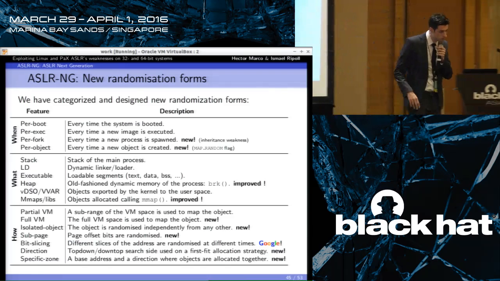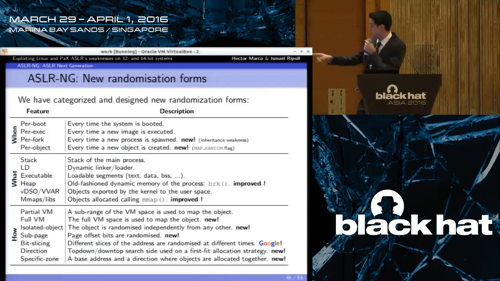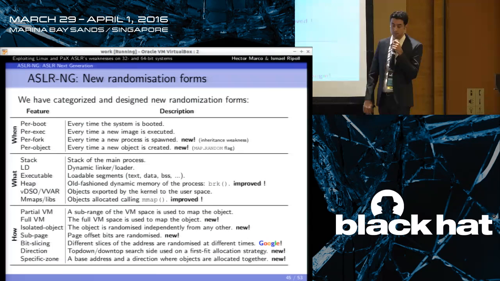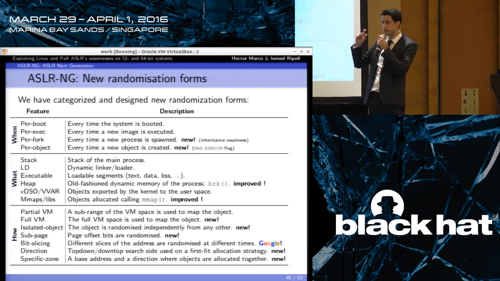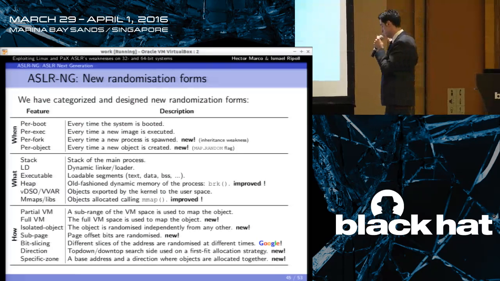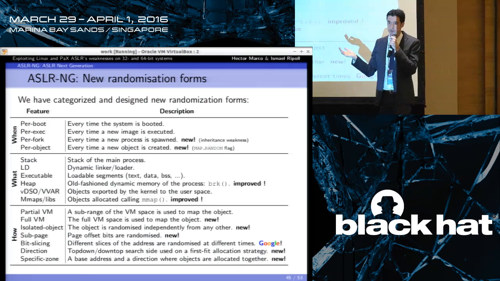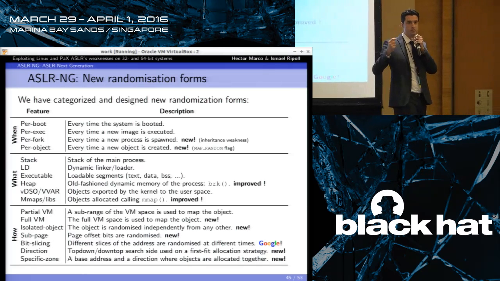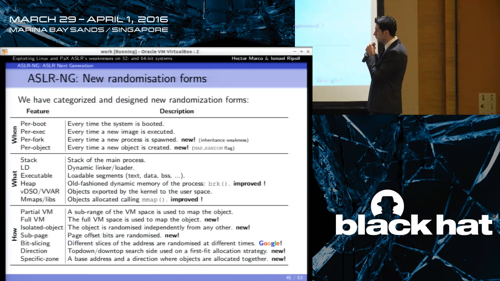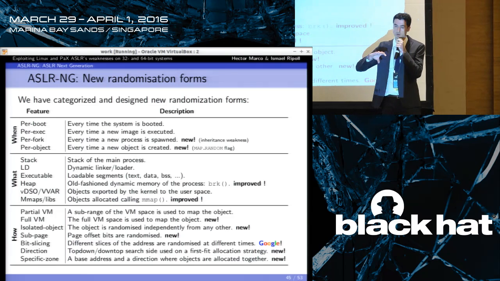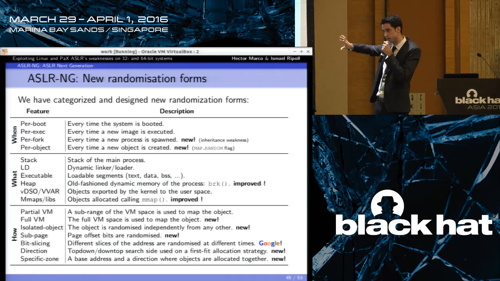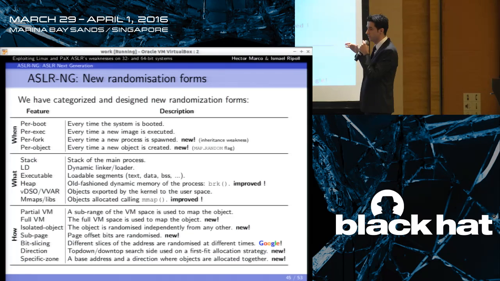And you cannot see it here because it's cut, but we introduced the idea of isolating similar objects in similar regions of memory. So why do thread stacks, for instance, need to be in the same area as libraries? It is possible to detect this in the kernel in order to put these stacks together in another place, in order to avoid correlation attacks.